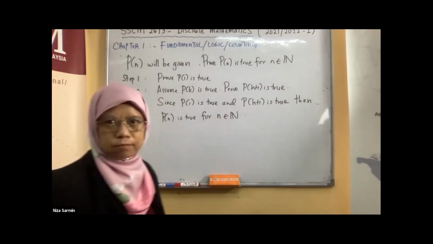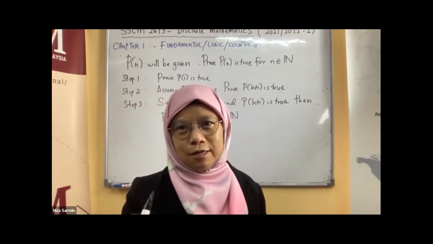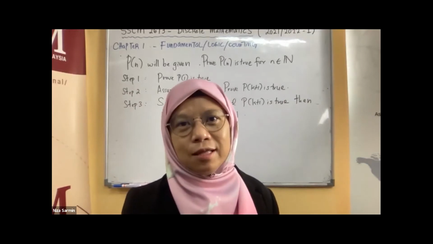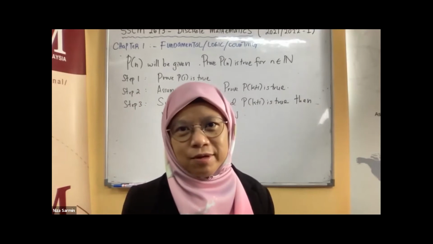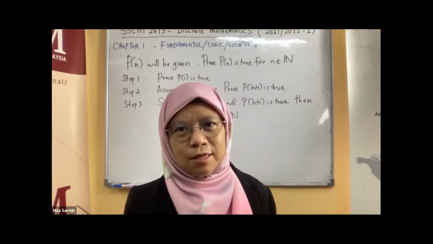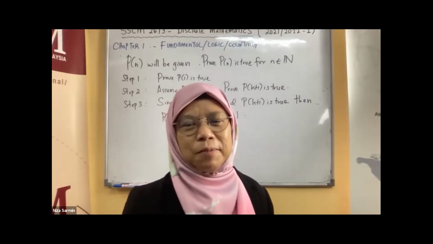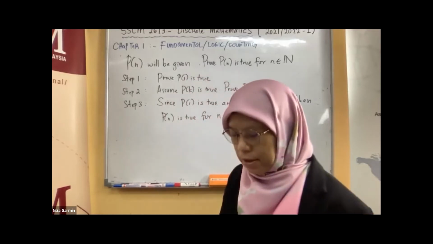So the point is, actually, it's easy in a way that you are already given the answer. This is the statement that you have to prove. If you can prove this, then you can prove the mathematical induction. You are already given the statement.